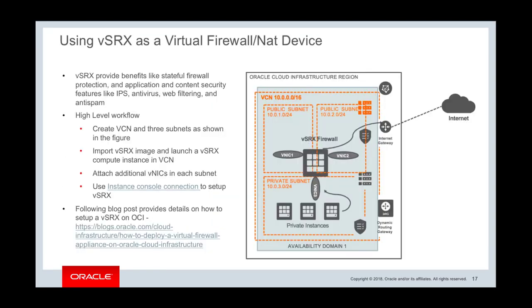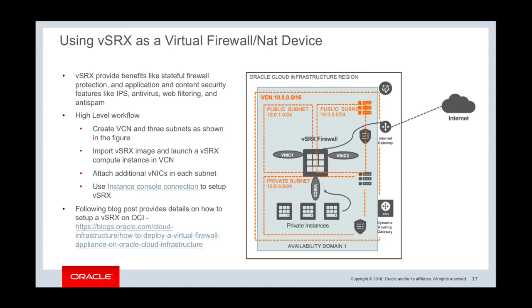In the next example, we are talking about a VSRX, which can be used as a virtual firewall or a NAT device within your virtual cloud network. There is a link also provided, so you can see detailed steps on how to set up a VSRX within OCI.